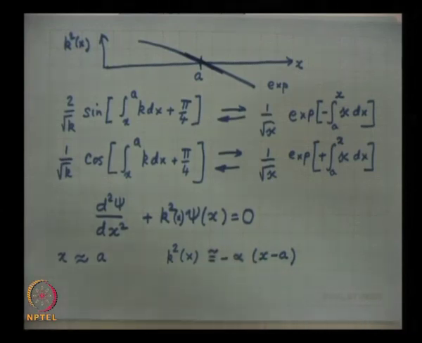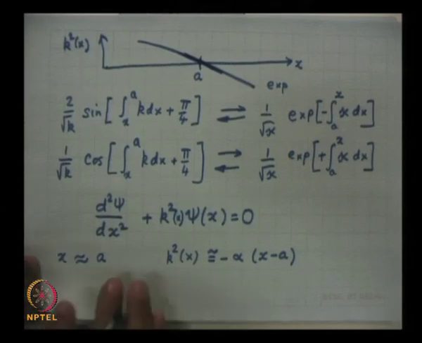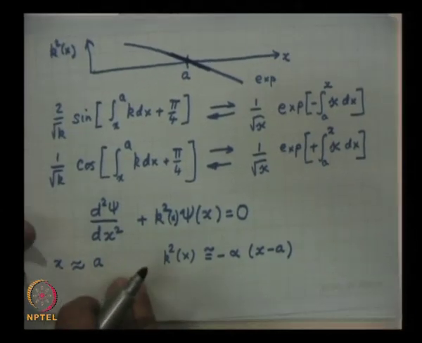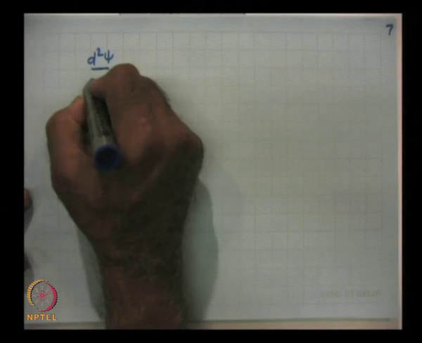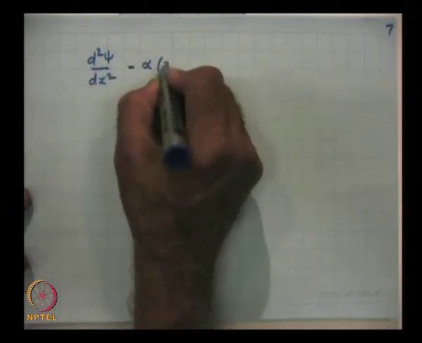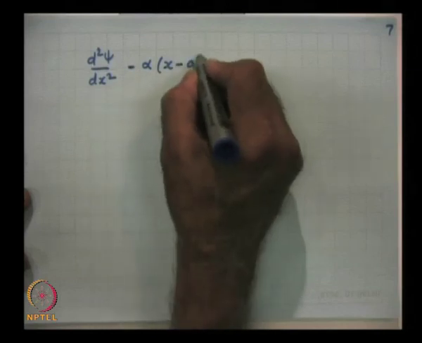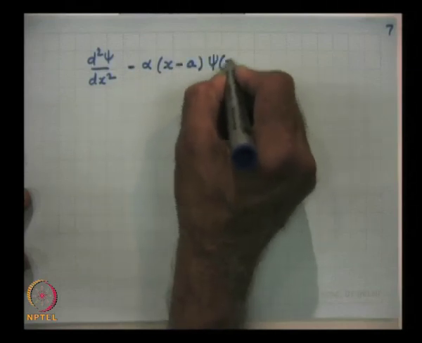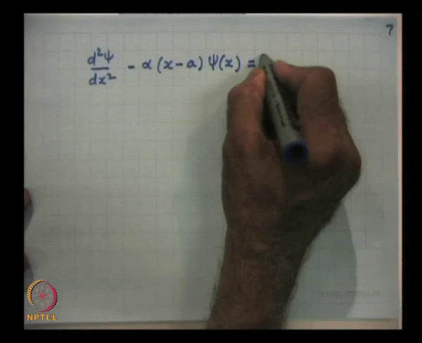So, in the vicinity of the turning point we assume a linear variation for k square of x. Therefore, my Schrodinger equation or the wave equation becomes d2 psi by dx square minus alpha into x minus a times psi of x is equal to 0.